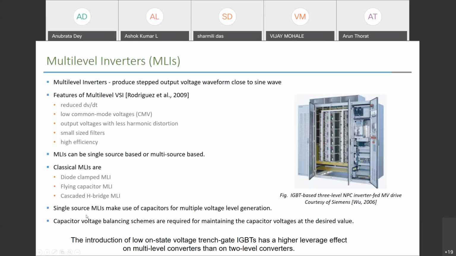But actually, if you look at the basic thrust area, why these multi-level inverters got so much prominence in present days, that is because of the availability of the low on-state voltage trench gate IGBTs. The trench gate IGBT is a particular manufacturing technology. That will give rise to very efficient IGBT switches that have lower conduction loss and lower switching losses.